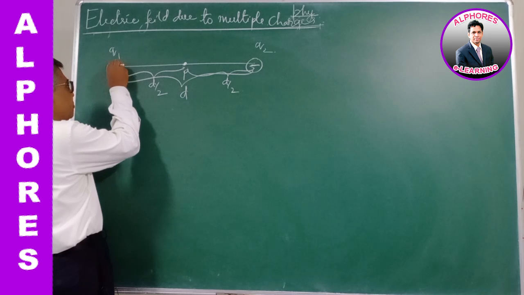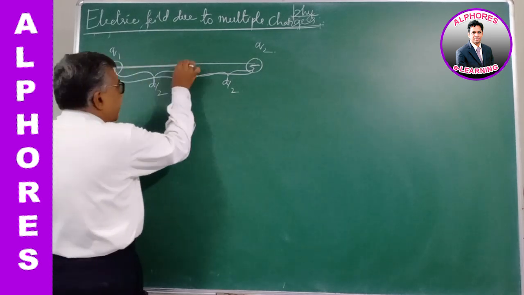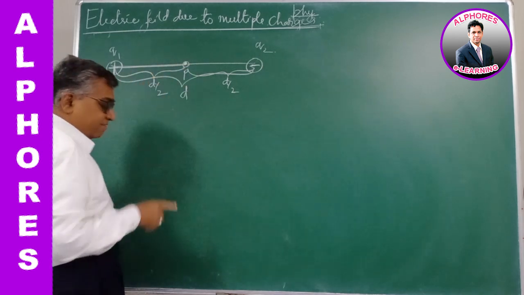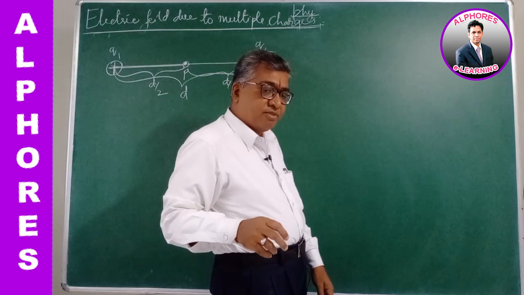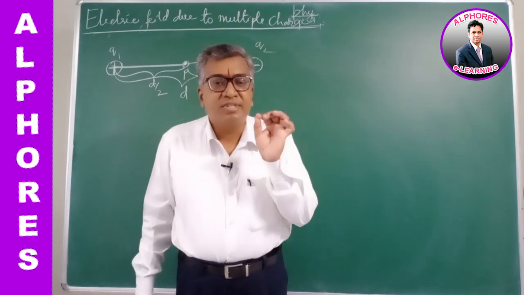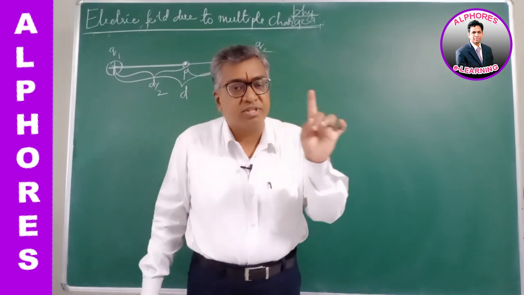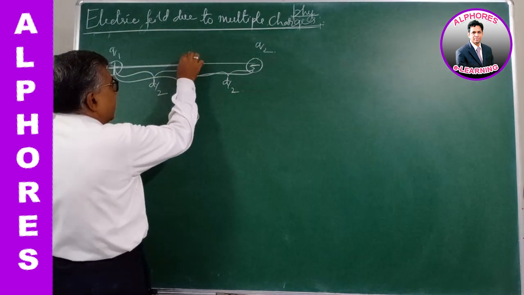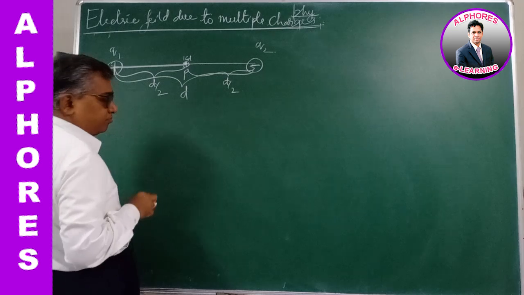First charge Q1, the point of consideration is P. Here I am asked to find the electric field. According to the definition, electric field intensity is the force experienced by a unit positive charge. So let me imagine a unit positive test charge of 1 coulomb here.